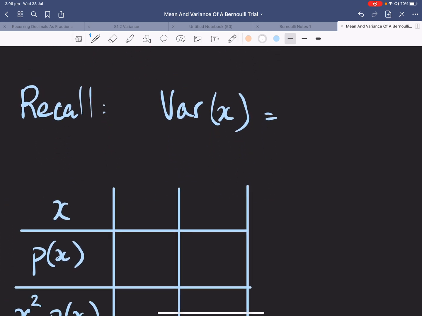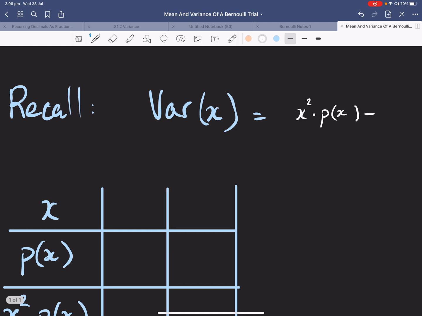We have previously encountered variance, and there were two formulas that we had to be flexible in using one or the other. I'm going to focus just on one of those formulas, where we looked at the sum of the squares of the scores multiplied by their respective probabilities, and then subtracting from that the square of the expected value. So back to the squares of the scores and the probabilities. We're looking at the sum here for each of the individual scores, from i equals 1 to i equals n.